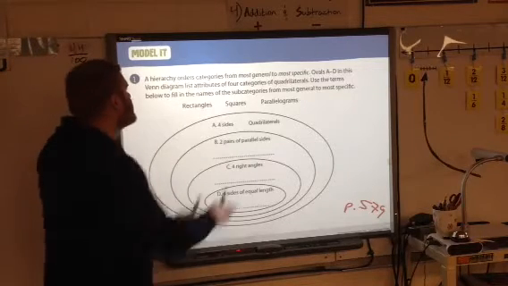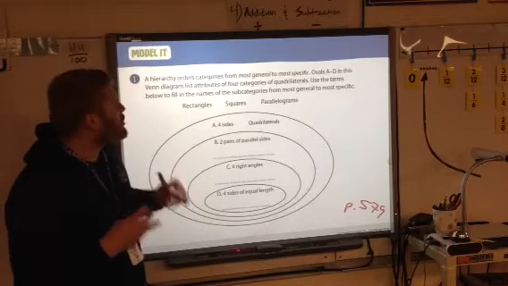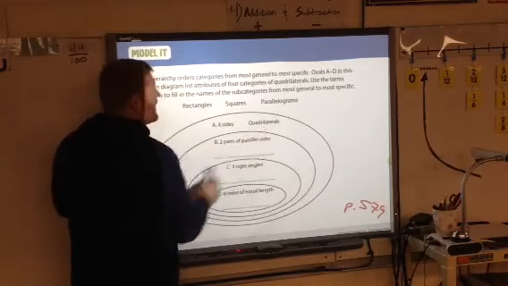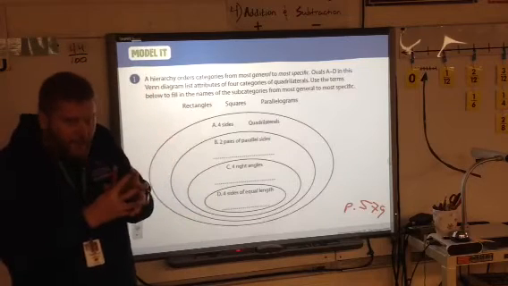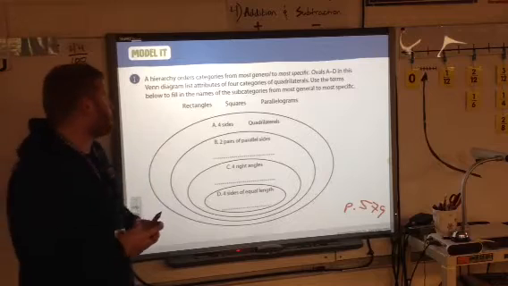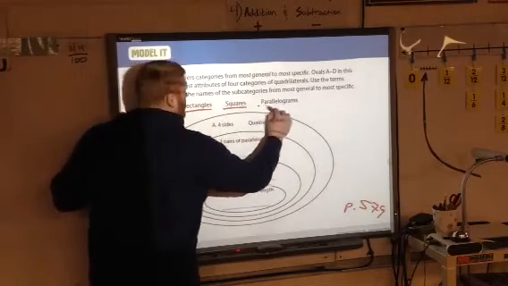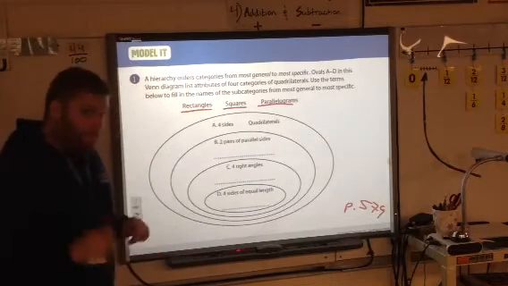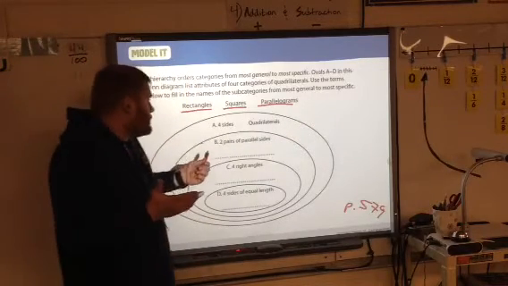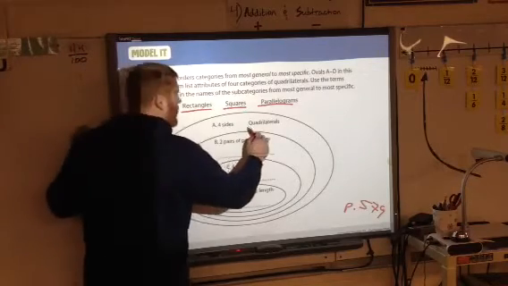It says, use the terms below to fill in the names of the subcategories, from the most general, which is quadrilaterals, to the most specific, the one polygon that has the most attributes. The ones we're going to be categorizing are rectangles, squares, and parallelograms. Let's start with the outermost part of our Venn diagram, the most general, and that is quadrilateral.